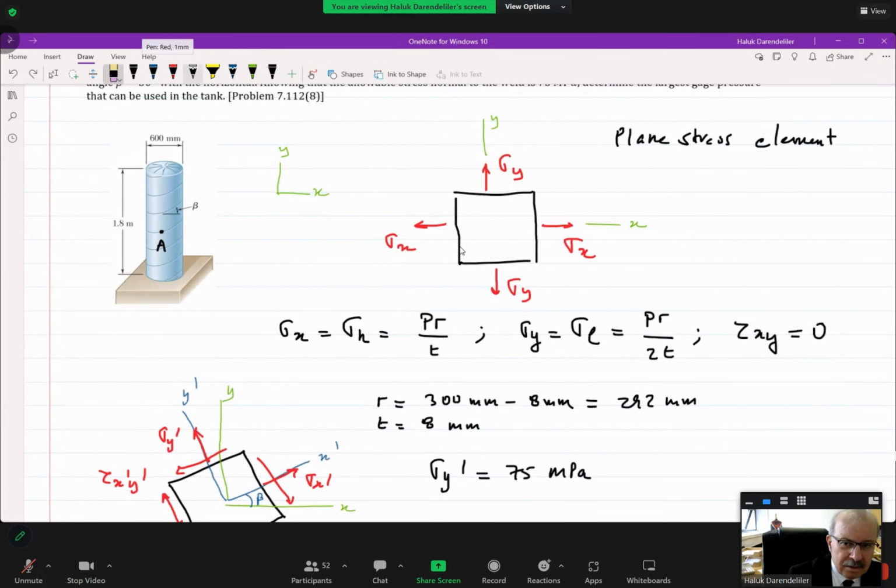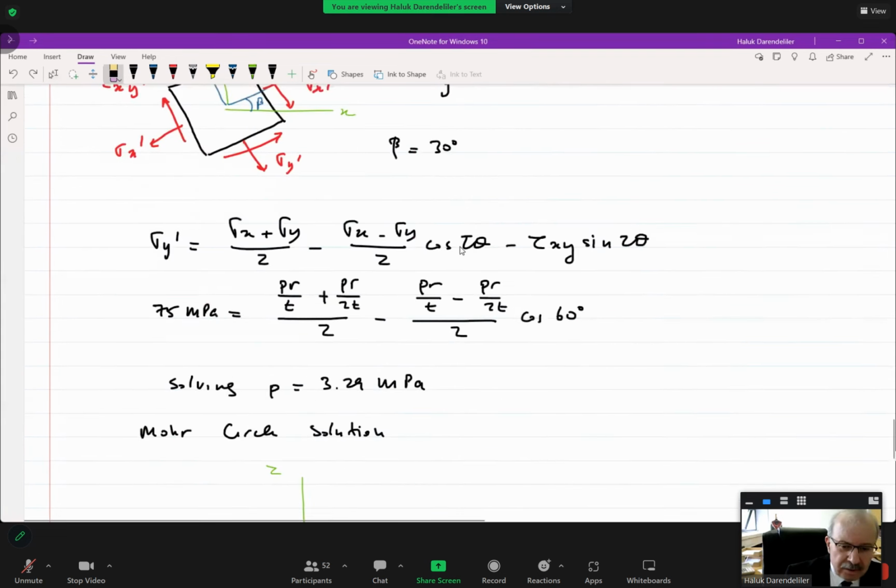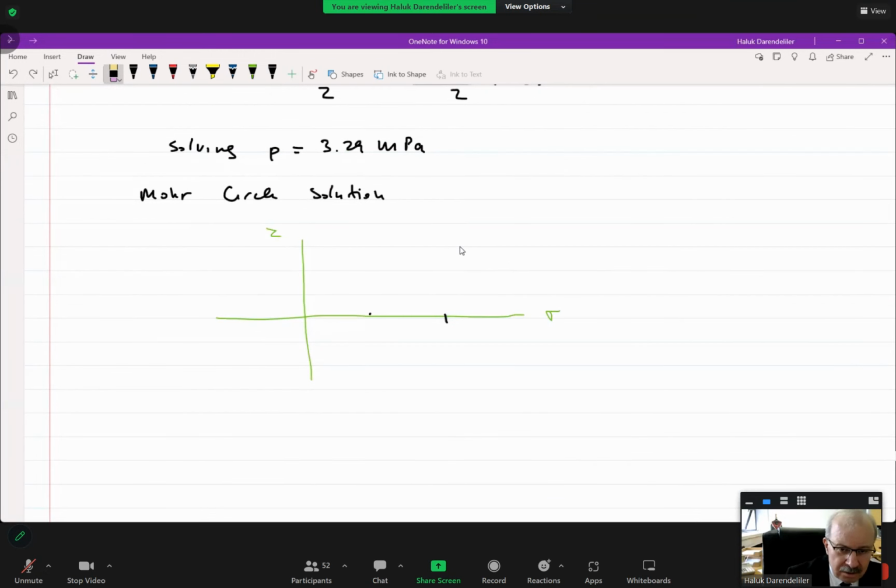On this element, the first point is X, tau XY. So, X, tau XY is here because tau XY is 0. So this is X, which is sigma X, minus tau XY.